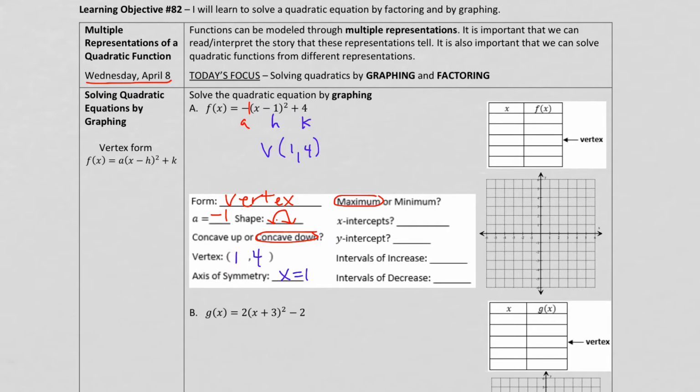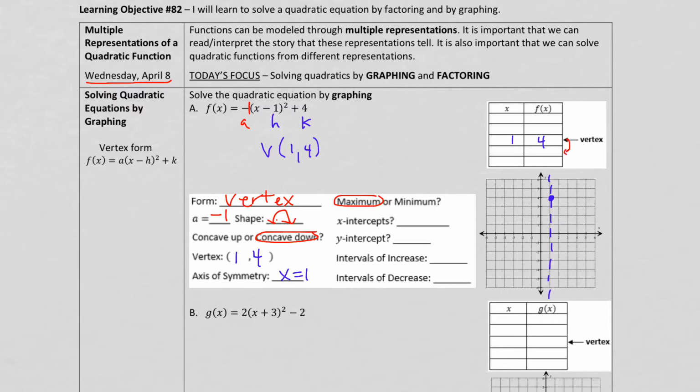If I plot this one point here on my graph, it's the point (1, 4), so it's going to be right here. And again, that's my axis of symmetry, so I have that there as well, my mirror. And then all I have to do at this point is generate the rest of my graph. So knowing that my a value is -1, we learned before that basically if I put my vertex on the table, I can apply the a value as a slope, if you will, of the next point over.